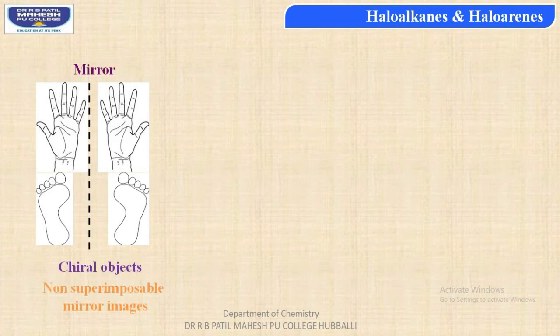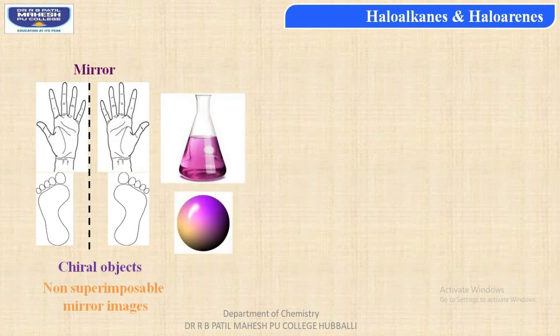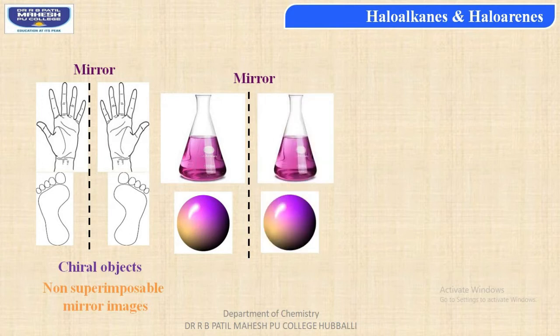Then students, let us consider achiral objects. Now, if you take a conical flask which is filled with solution, and a spherical ball, and you place both of them in front of the mirror, then obviously you will get the mirror images of both the objects, students. But in this case, definitely you can place the mirror image of the conical flask on the original one without any changes.